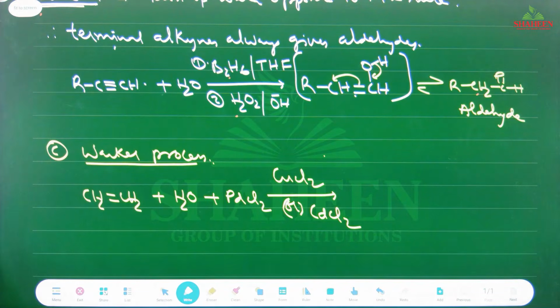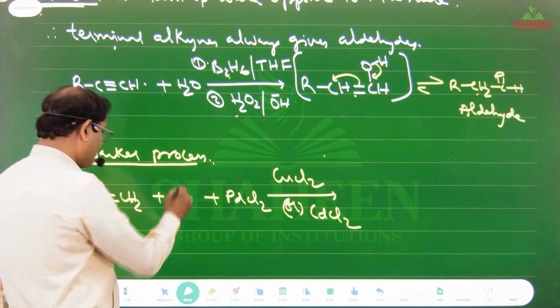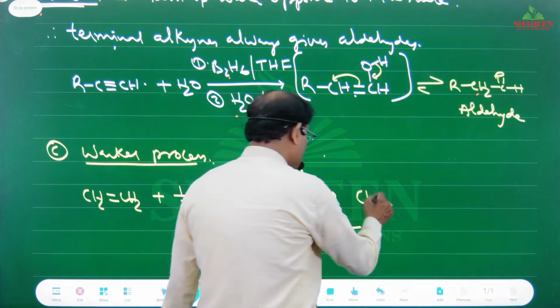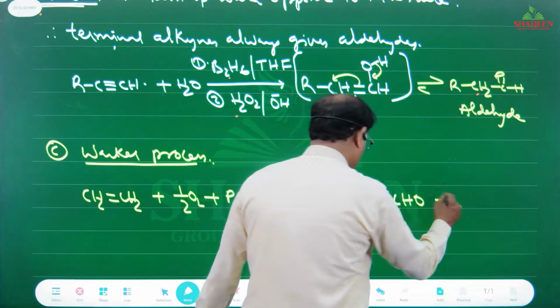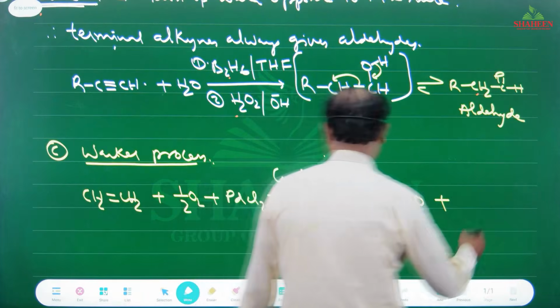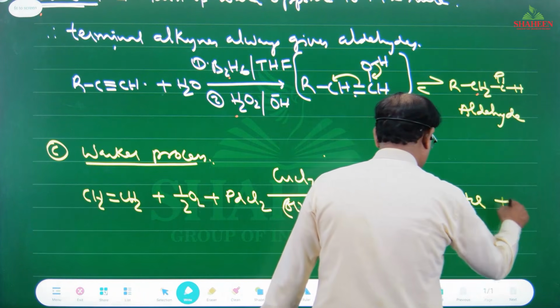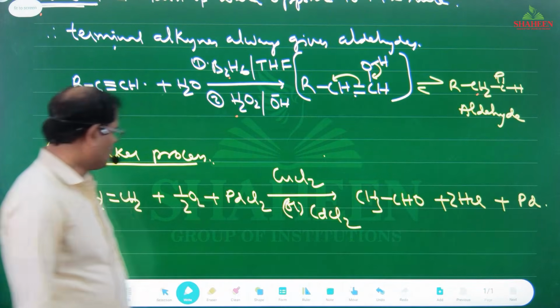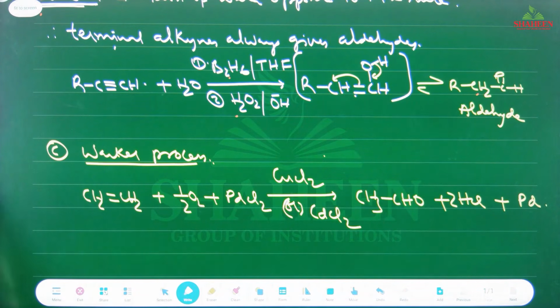Here, with O2, the product is CH3CHO along with 2 moles of HCl plus palladium.